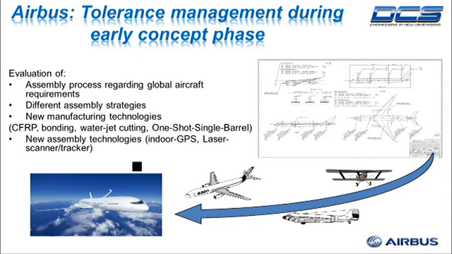Jumping to the aircraft industry, Airbus applies tolerance management, as they call it in their world, during the early stages of definition of different assembly methodologies, different aircraft configurations, and different manufacturing strategies, whether relative to composites or different composite assembly processes, different cutting technologies like water jet, maybe single barrel assembly techniques, as well as different methodologies for assembly strategy.